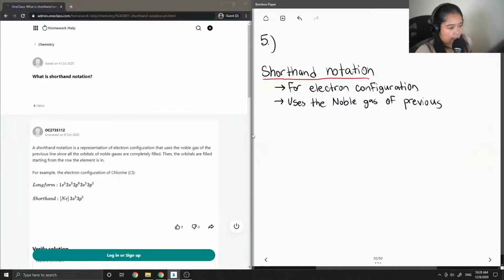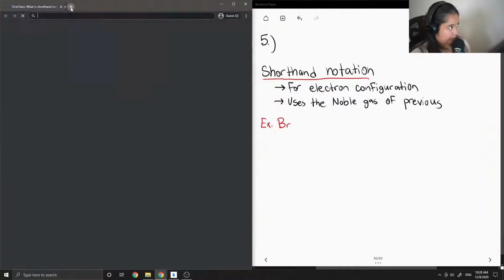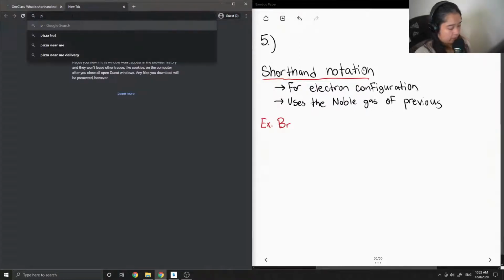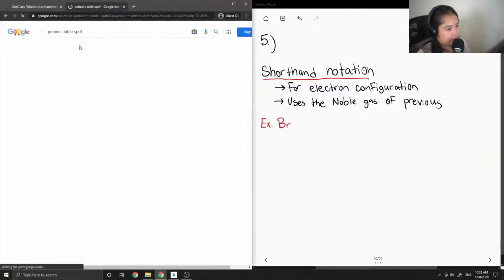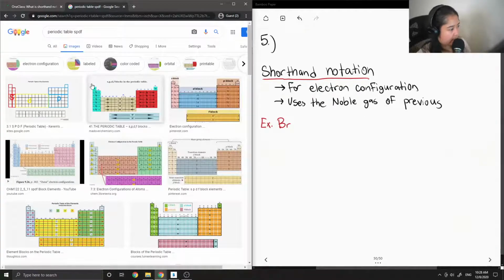So let's have an example using bromine. So I'll pull up a periodic table showing all the s, p, d, and f orbitals, and how we can find the electron configuration of bromine.